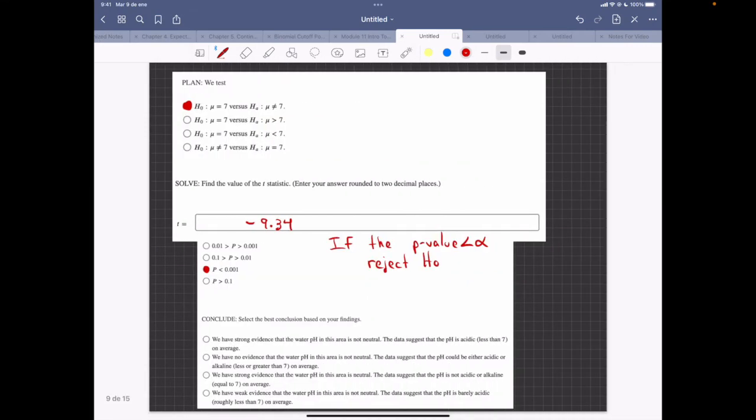If it doesn't say in the problem, use alpha equal to 0.05, the most common value. So in this case, notice the p-value is almost 0, or less than 0.001. Obviously it's less than 0.05, so we have to reject H0. 0.000 is less than 0.05. We reject H0.